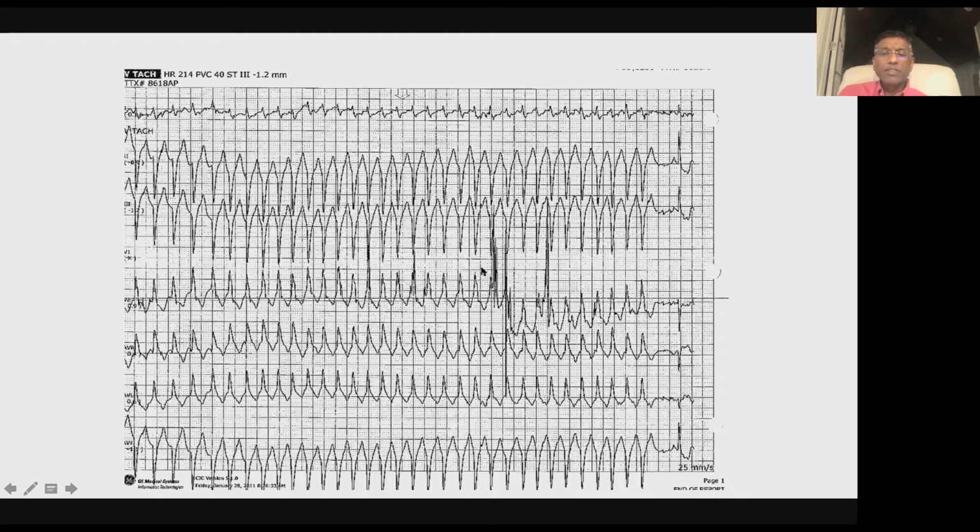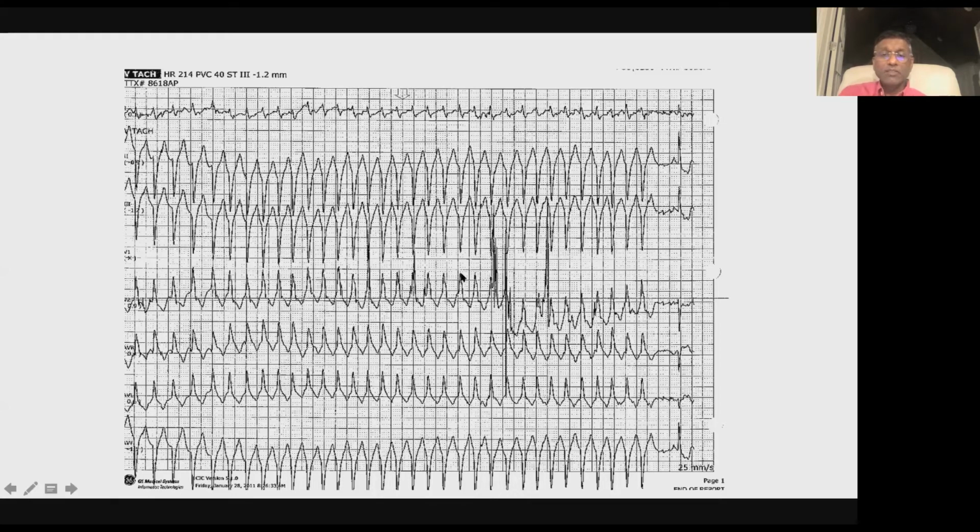Does this look like a typical right bundle or atypical right bundle? Remember that in a typical right bundle, you have R, S, R prime, with the R prime being taller than the R. That means the second one is the R prime.